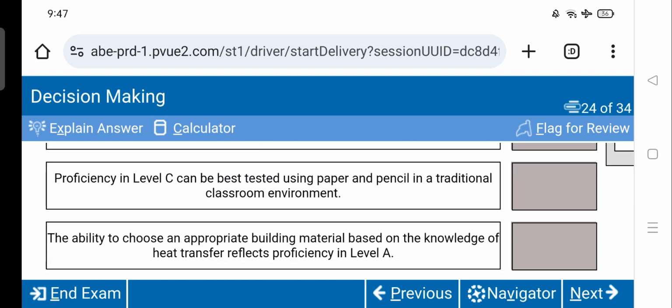The ability to choose an appropriate building material based on the knowledge of heat transfer reflects proficiency in level A.